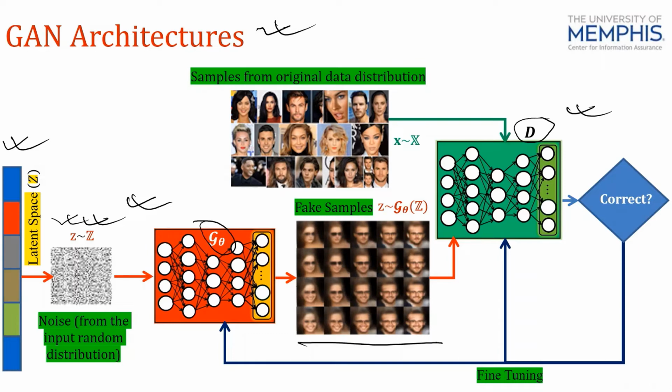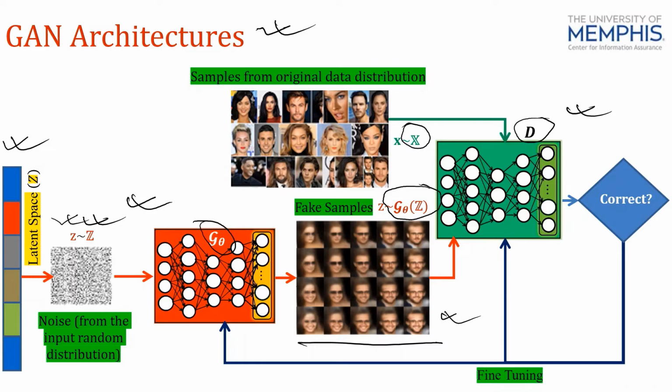Since our example was the celeb data, we have successfully generated a lot of human faces. Since they are fake human faces, we call their distribution G theta of script Z. Now since the goal of the generative model is to make these two distributions, G theta of Z and X, as close as possible, then we include another component.